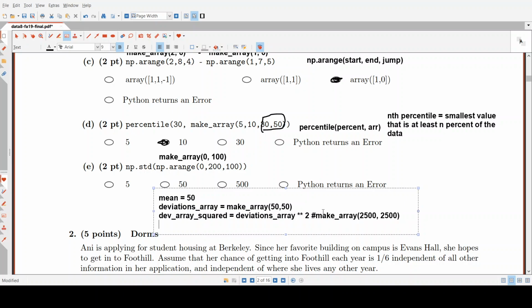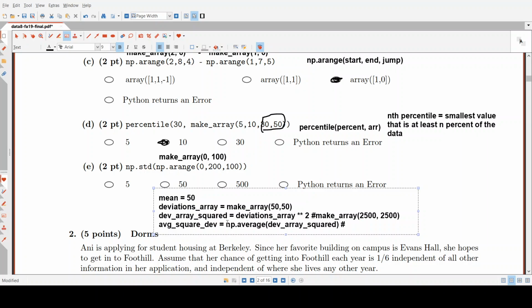And then we want to take the average of it. So average squared deviation is deviations array squared, and we want to call the average, so np.average of all this, which would be 2,500 and 2,500.